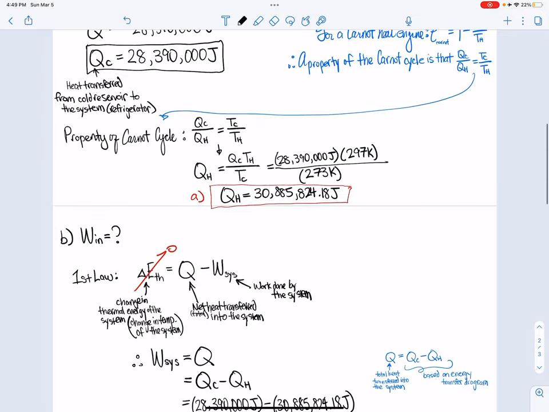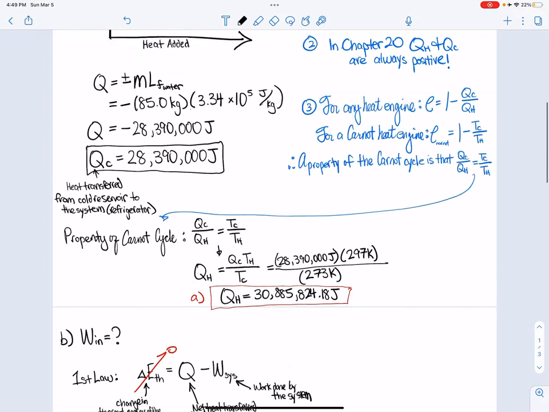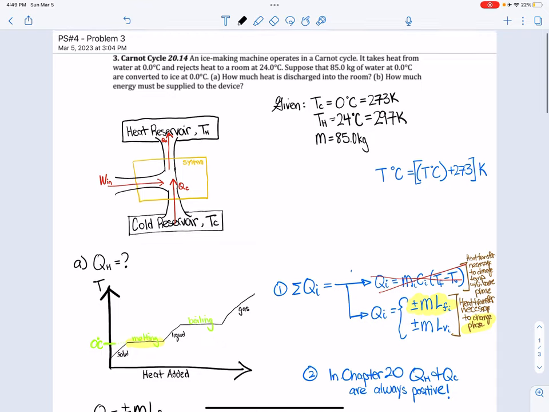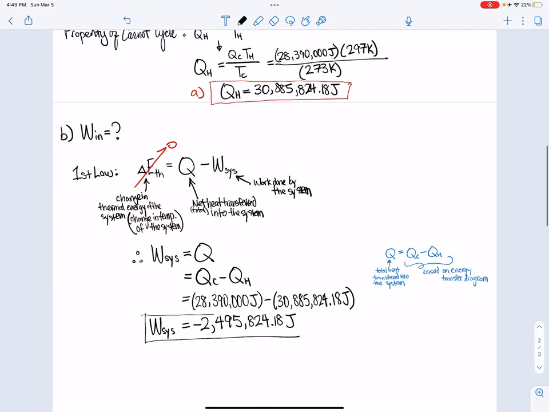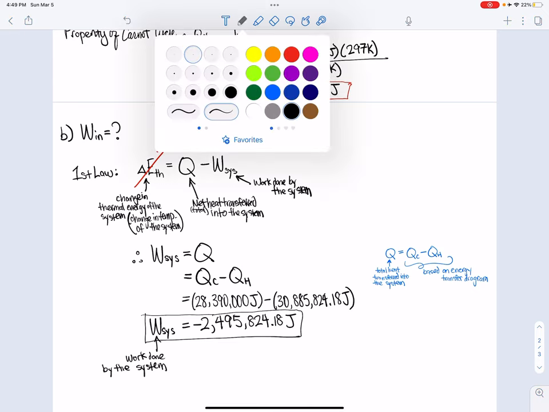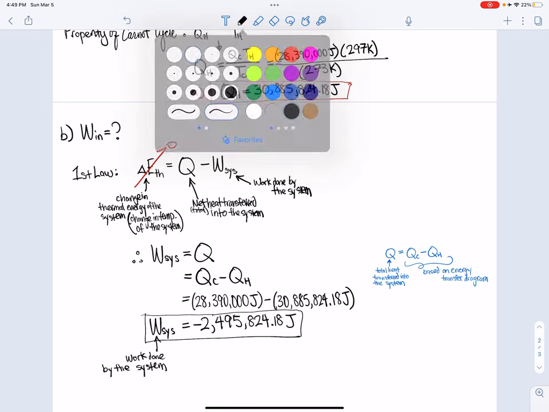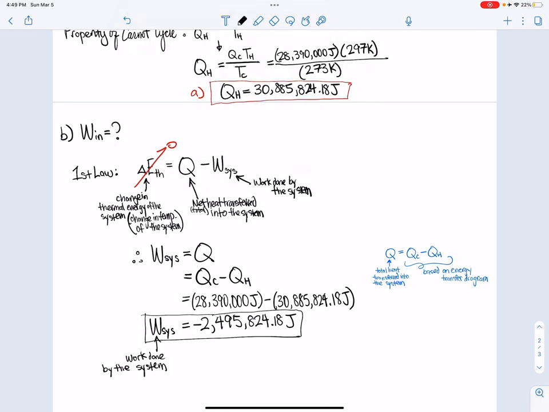But is it asking us for the work done by the system? It's asking us how much energy must be supplied into the device. Anyways, this is the work done by the system, and I can see here I have a negative value. It's negative.